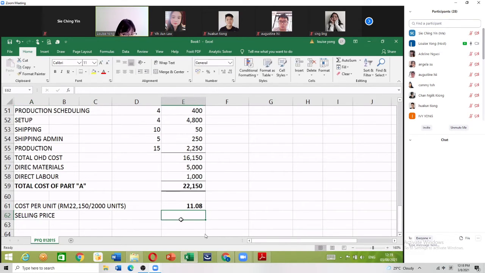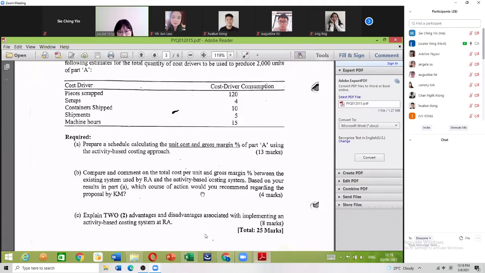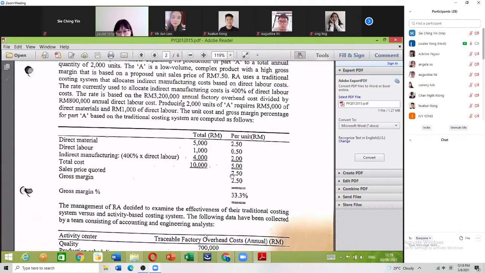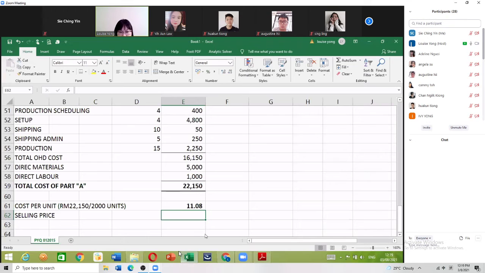Okay, $11.08. Then what is your selling price? The selling price here is $7.50, if I'm not mistaken, right? $7.50, okay. So by using ABC, what is your gross margin?